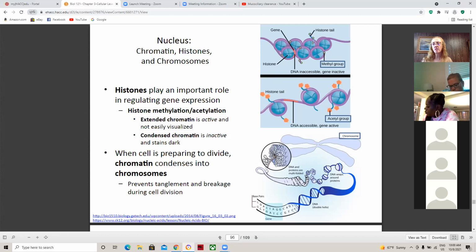Do you remember the methyl functional group? Someone look back in chapter 2 and tell me what is the chemical property of the methyl group?